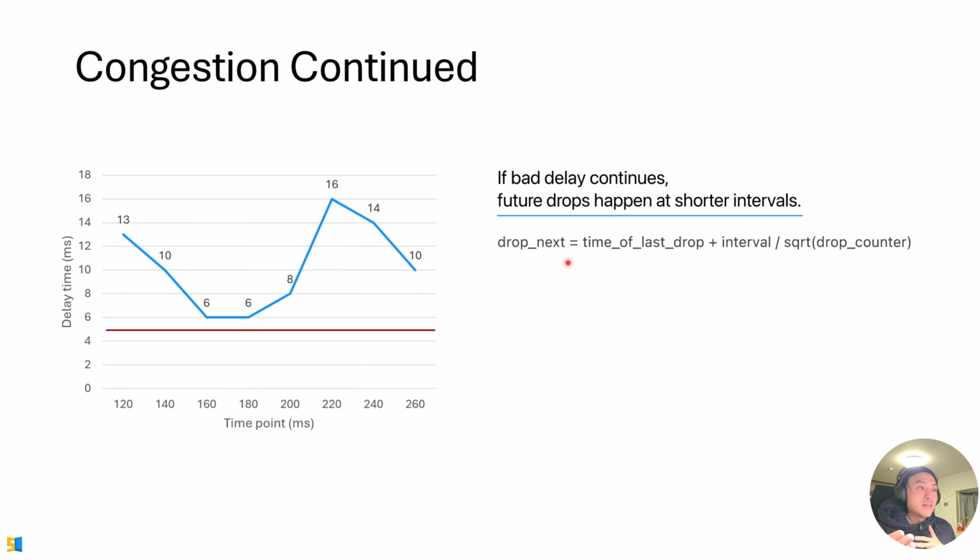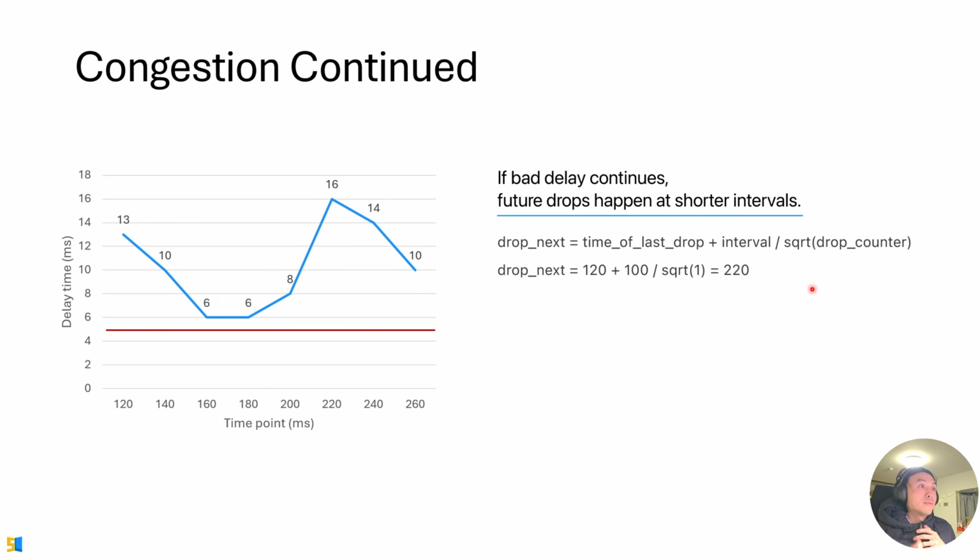Drop next is a variable for when the router will drop the next packet. The formula is time of last drop plus interval divided by the square root of the drop counter.